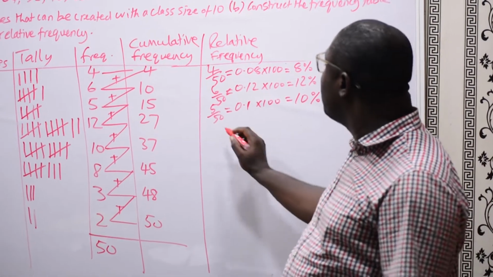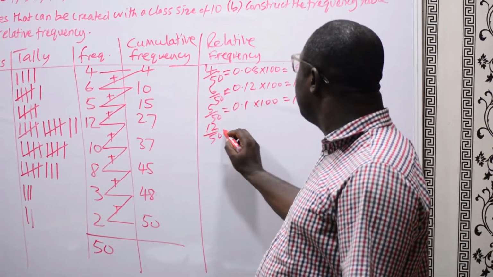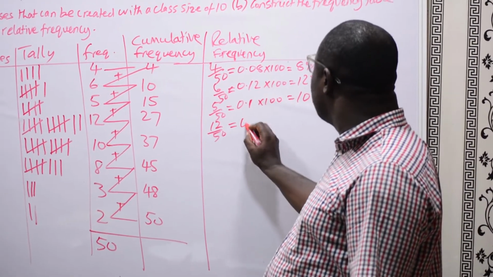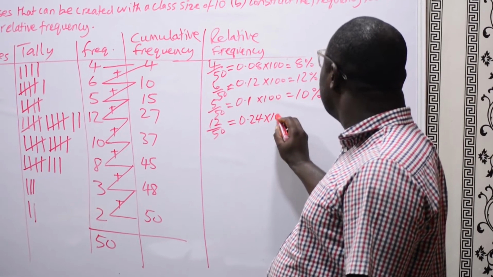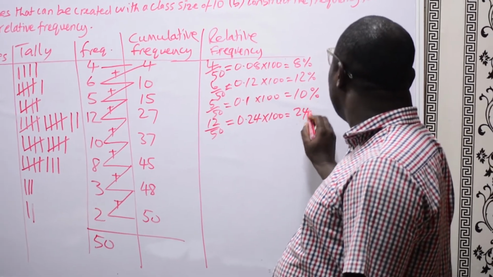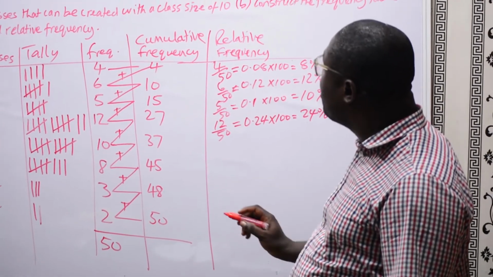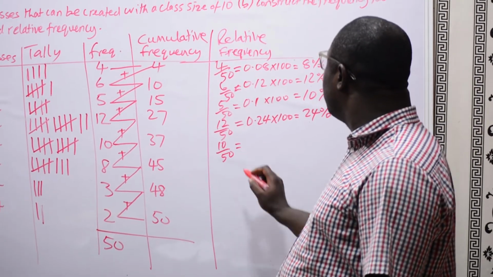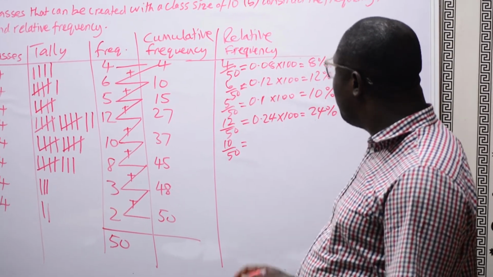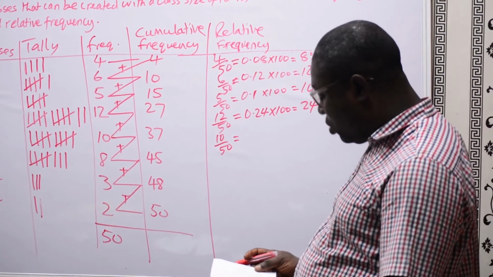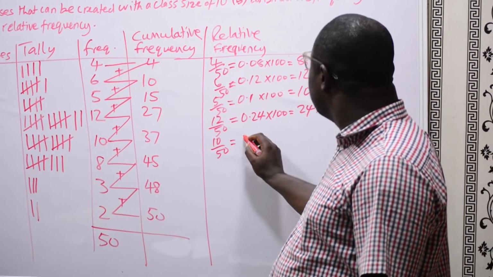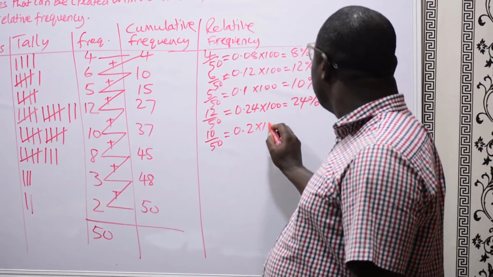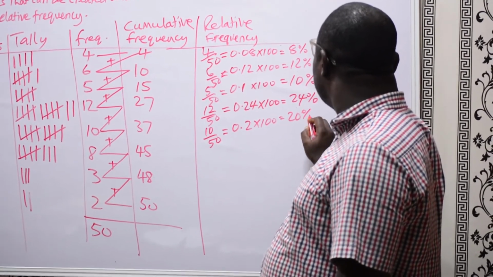The next frequency is 12. 12 divided by 50 equals 0.24. So we have 0.24 times 100. That gives us 24%. The next one is 10, so I have 10 divided by 50, which will give us 0.2, times 100, that will give us 20%.